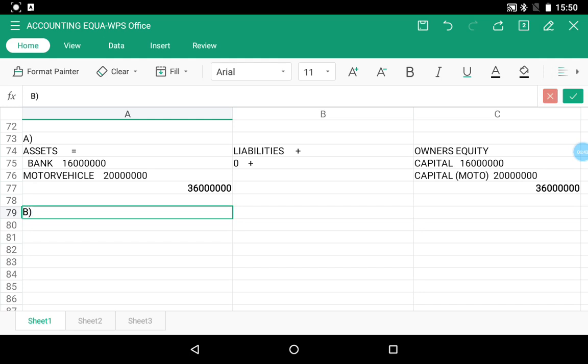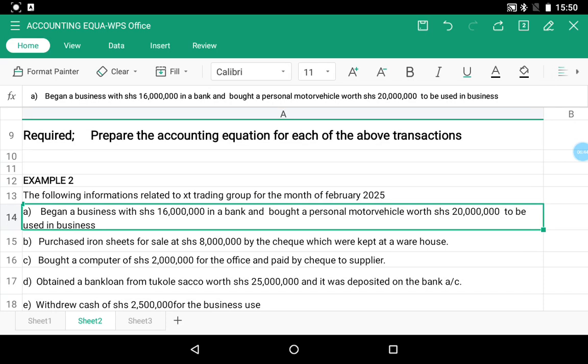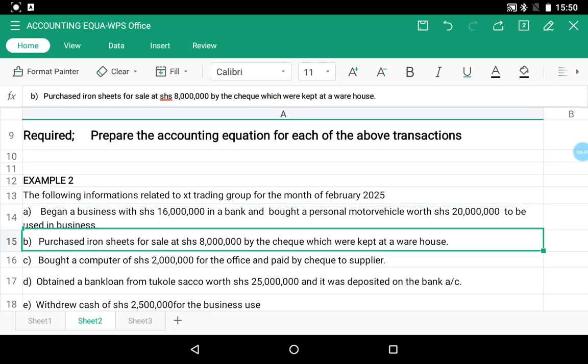Now let's go directly to part B. When you check part B, they said purchased iron sheets for sale at shillings 8 million by check, which were kept at a warehouse.